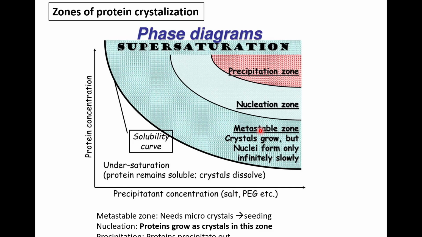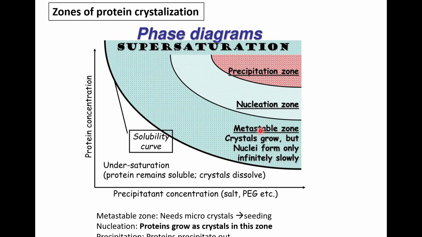So there is always a competition between the metastable zone and the precipitation zone. In between, you actually get your three-dimensional crystal. So there should be a fine concentration of precipitant that will allow the nuclei to form in this nucleation zone and help the protein crystals to grow.